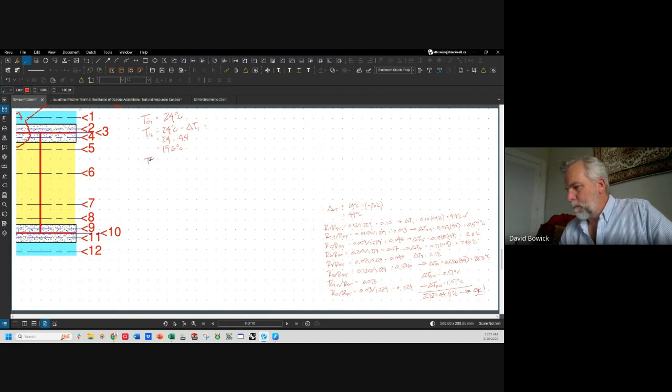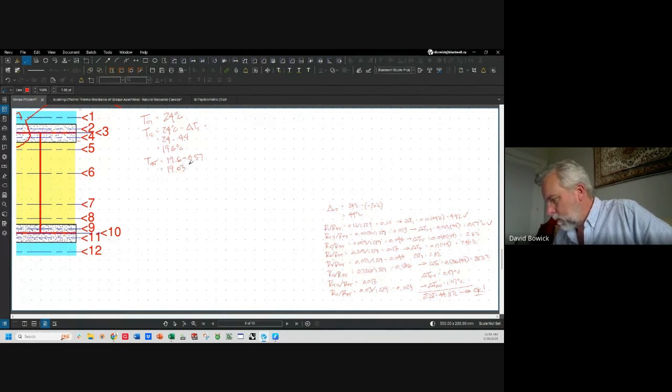The boundary between 4 and 5 equals 19.6 minus delta T 2 to 4, 0.57, which is 19.03 degrees Celsius.